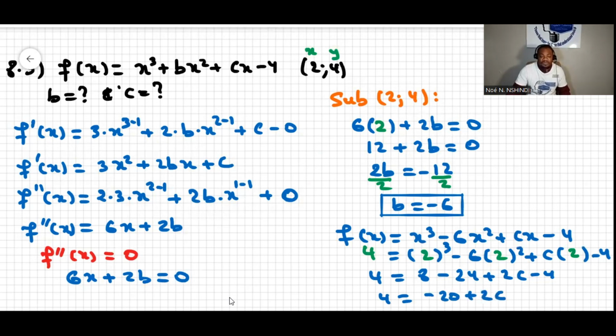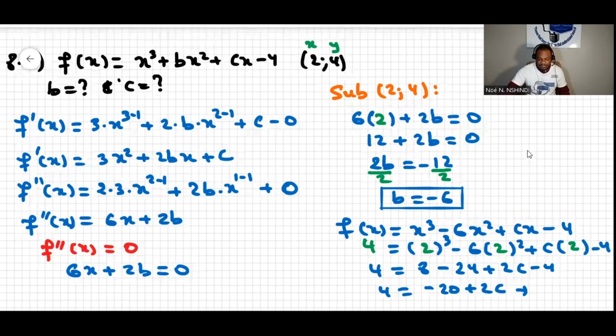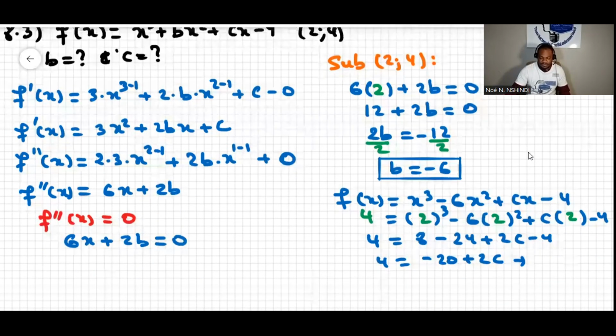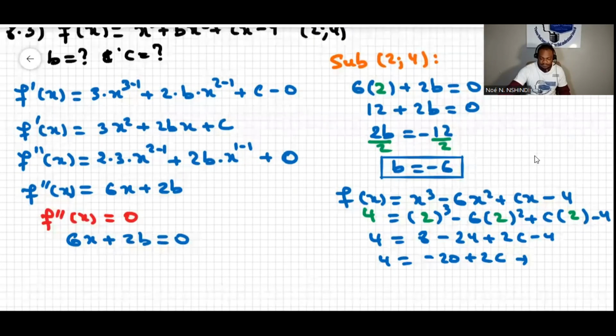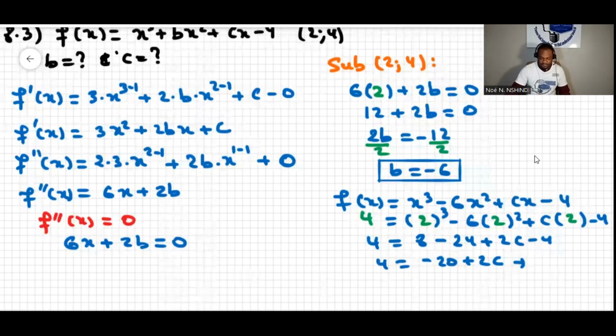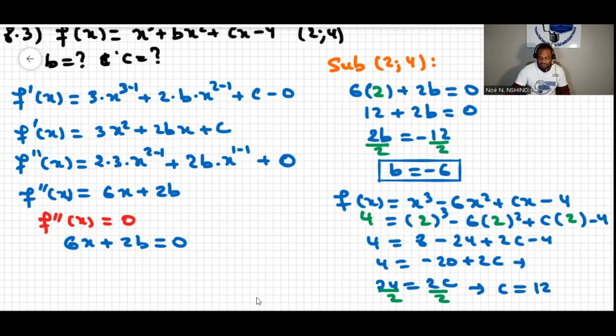If I move the negative 20 over, that makes 24 equal to 2c, and if I divide both sides by 2, we get c equal to 12. So this is the value of b and c.